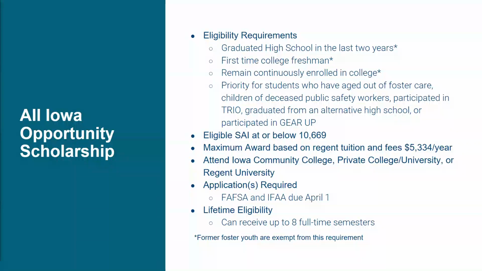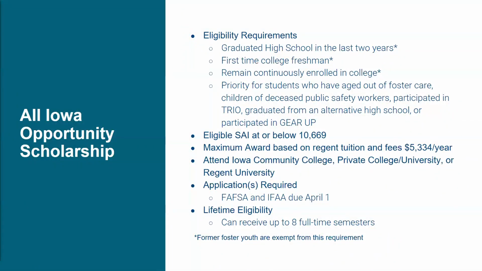You have to be attending an Iowa community college, a private college, or one of the Regent universities, so Iowa State, University of Iowa, or UNI. Each of our programs is different, and some can be paid at all of the eligible colleges in Iowa, and some just have a specific sector. But this one is community college, private, and Regent.